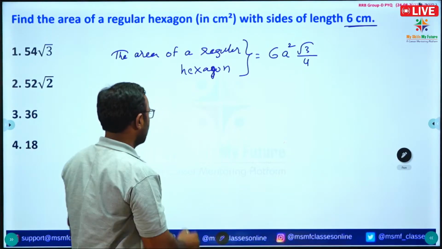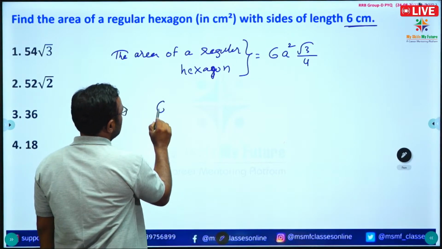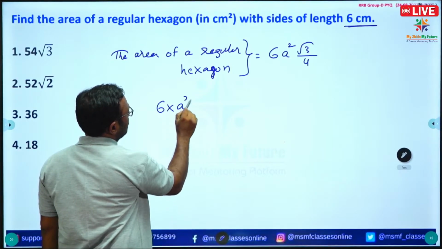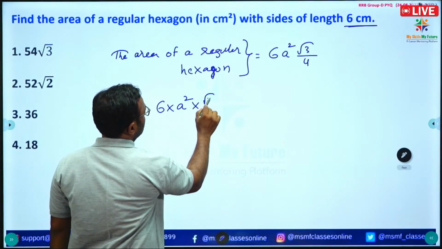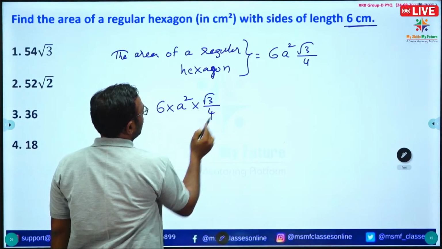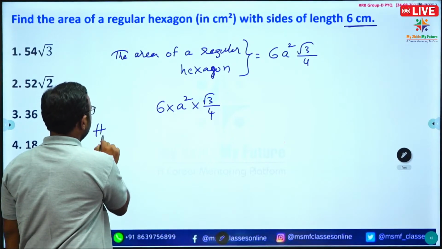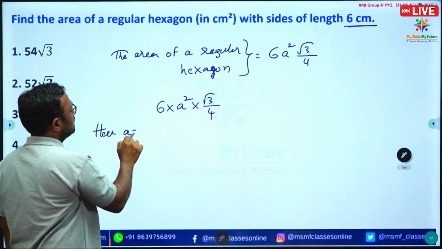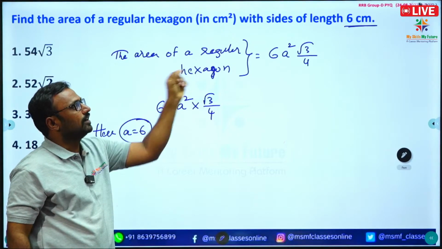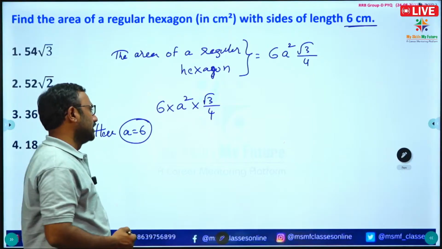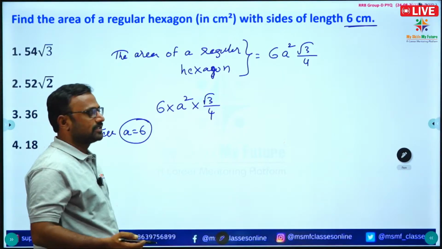We are taking a as the side. So here they given a is equal to 6, sides of length 6 centimeters. So I am taking my side as 6.